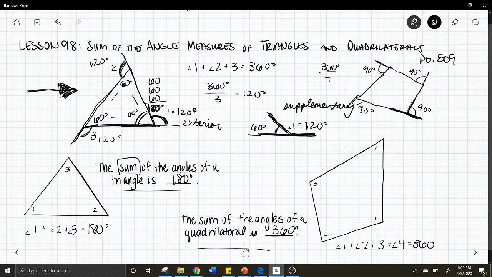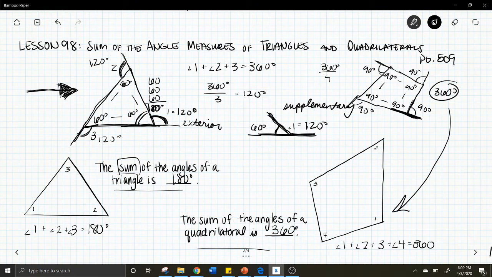So what 90 plus what would equal 180? It would be 90. All of my interior angles would be 90. And what's the sum of these four angles? 360. So that's how we get the statement that the sum of the angles in a quadrilateral is 360 degrees.